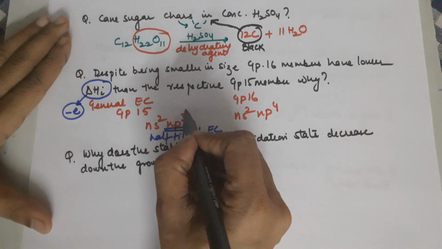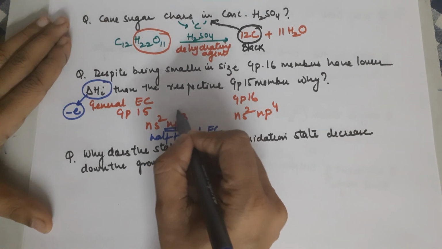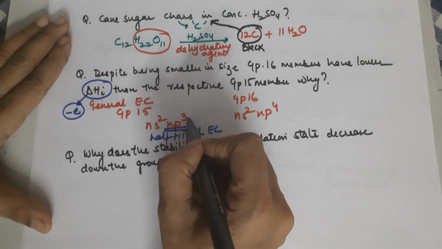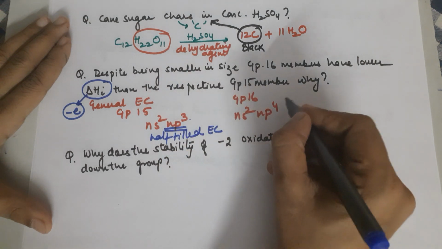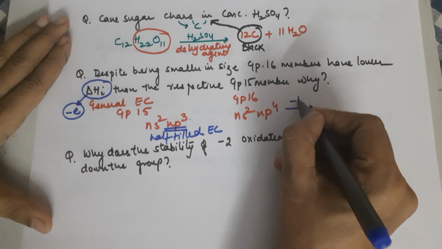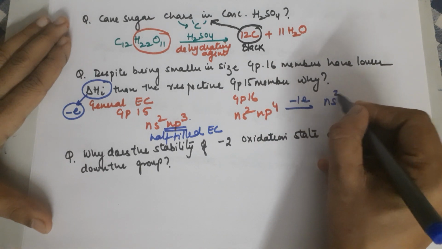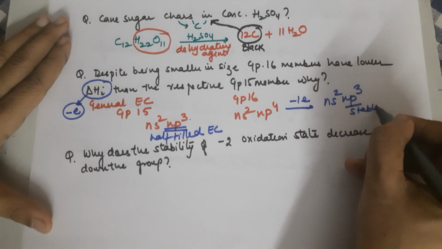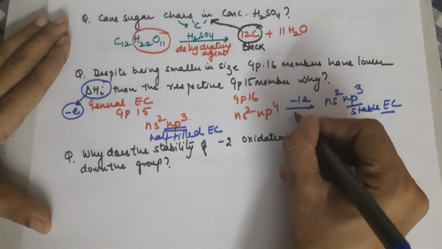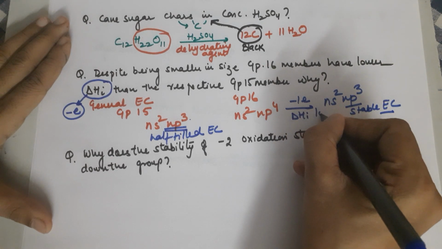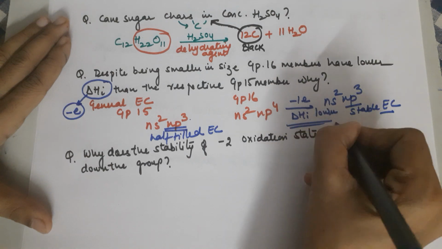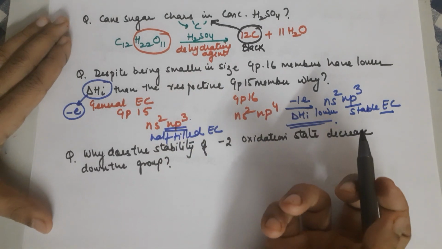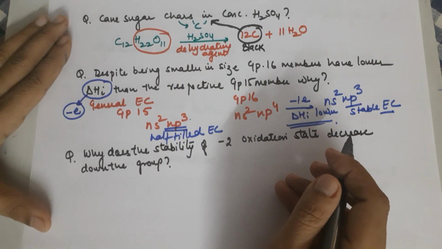So the energy required to remove this electron is going to be much larger. So even if oxygen is smaller, it easily loses one electron and prefers to go to np3, which is a stable electronic configuration. Hence the ionization energy here is lower, while electron removal in this case is higher because you have to remove it from a stable configuration.